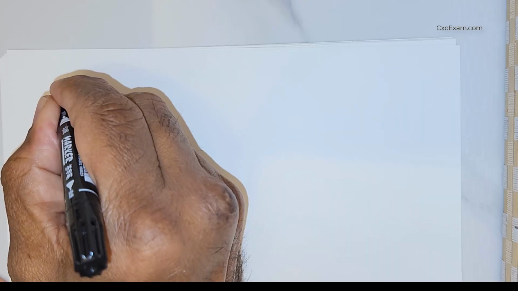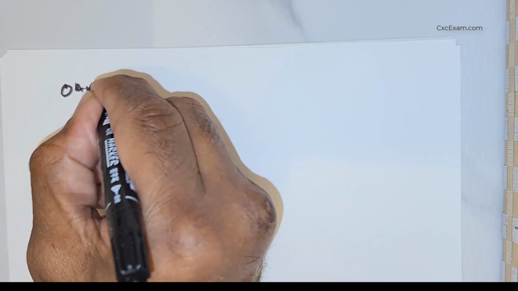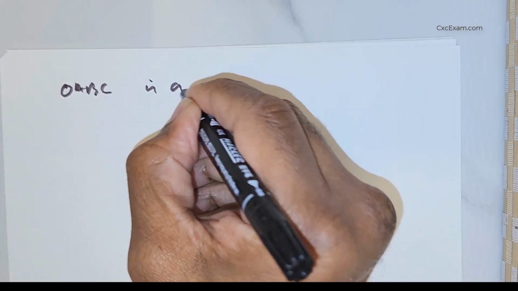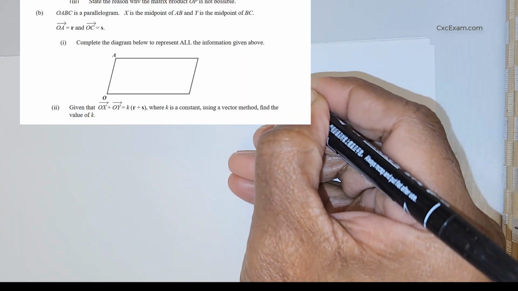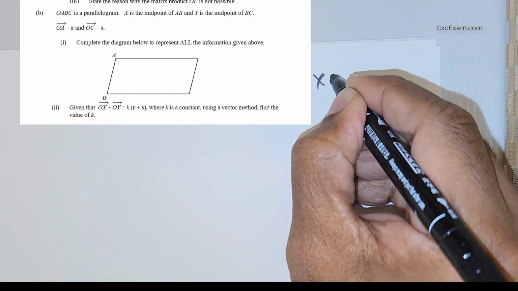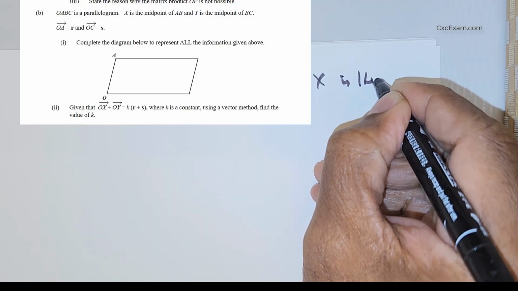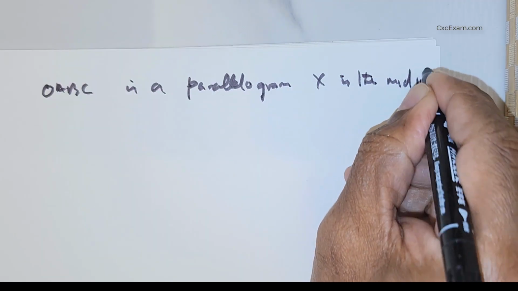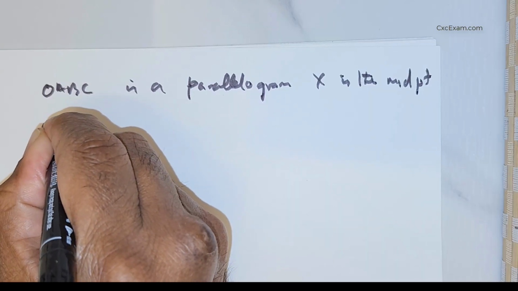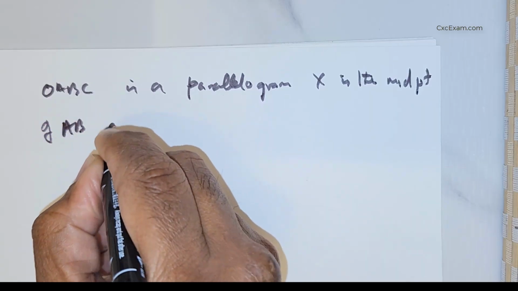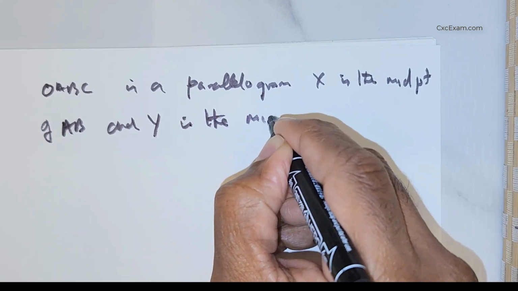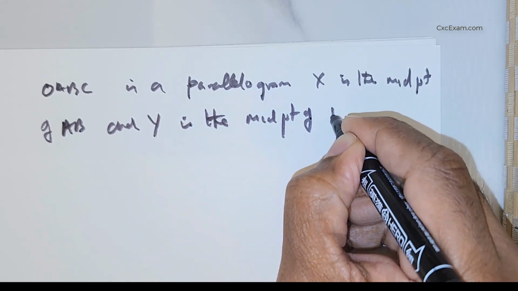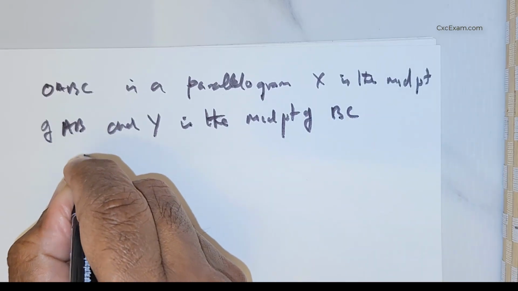Okay, let's move to the next. Now this is the next question. We are given that OABC is a parallelogram with X the midpoint of AB and Y the midpoint of BC.